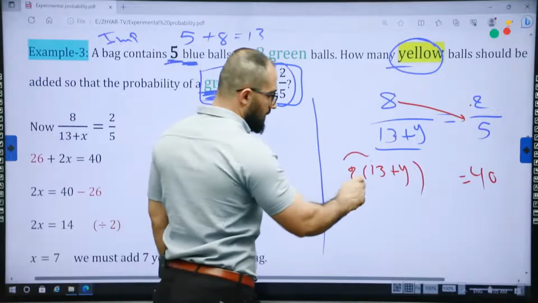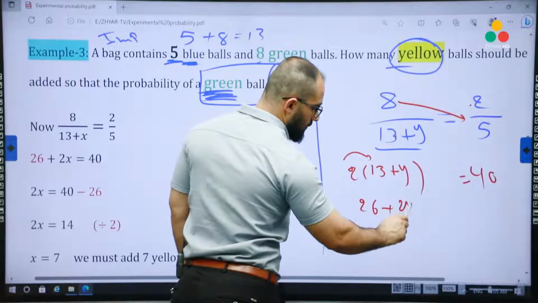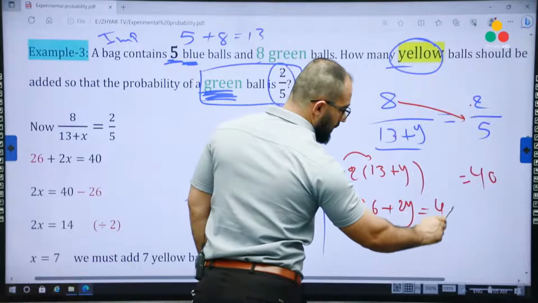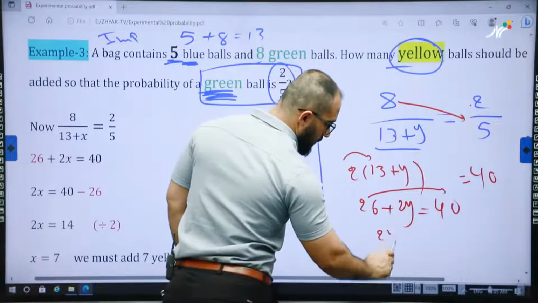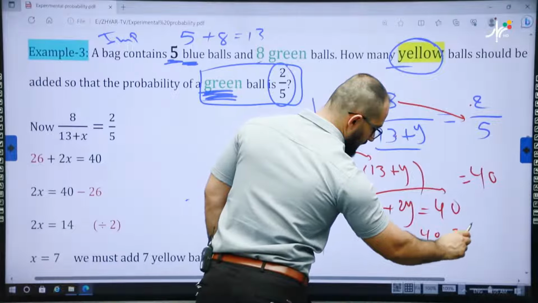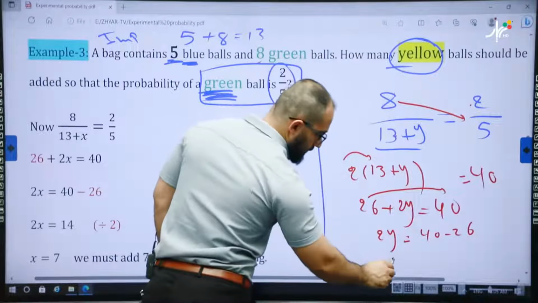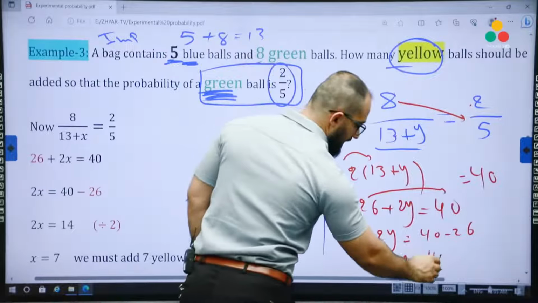Then 2 times 13 is 26 plus 2 times y, it is 2y, is equal to 40. Then move 26 to the other side. 2y is equal to 40 minus 26, which is going to be 14.